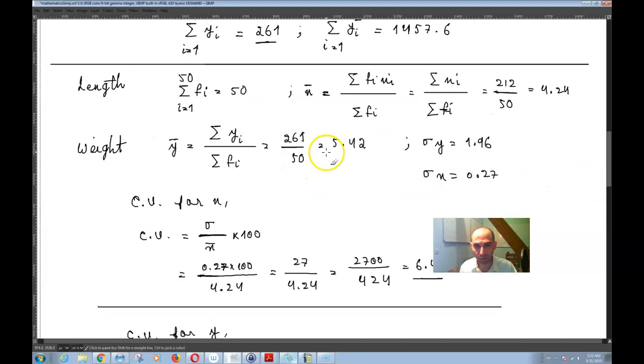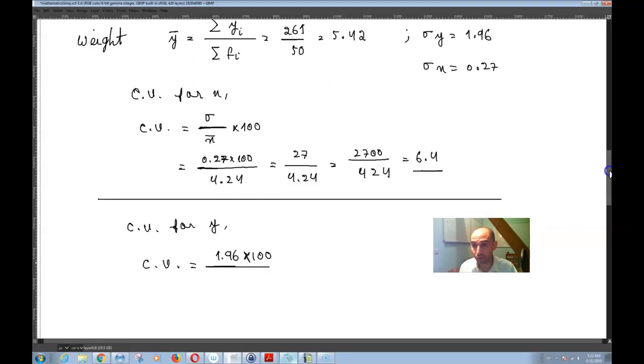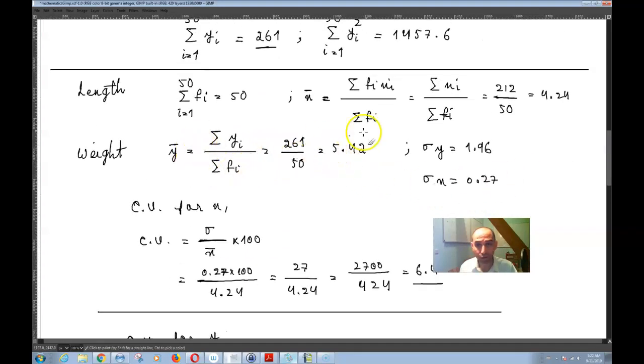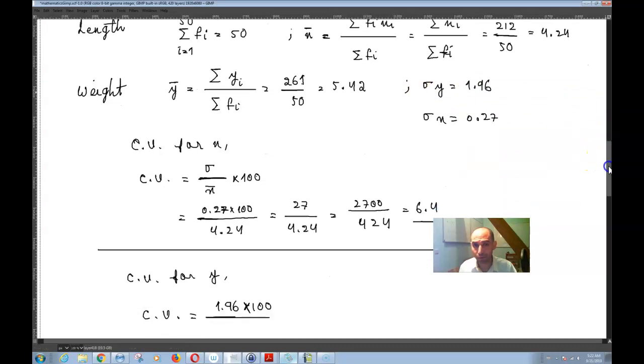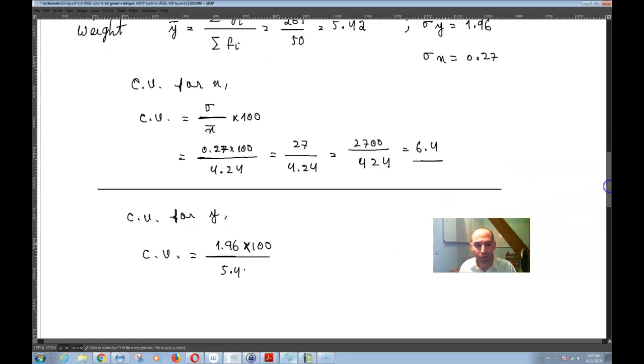So sigma of y was equal to 1.96, times 100 divided by y bar, which was equal to 5.42.